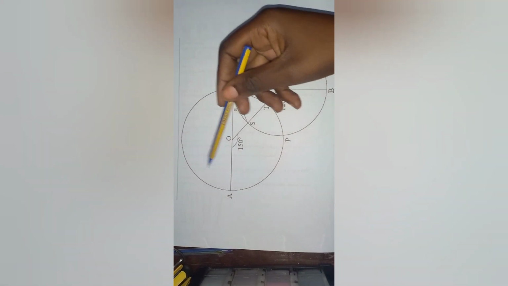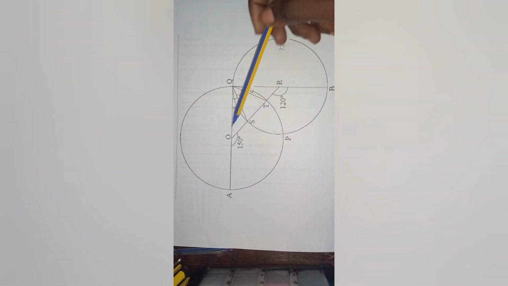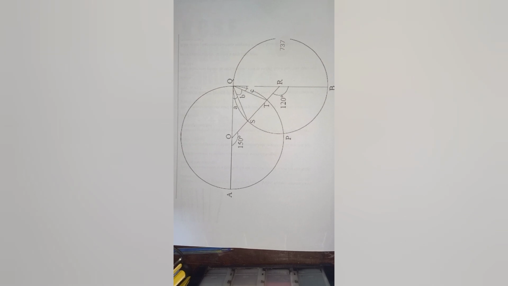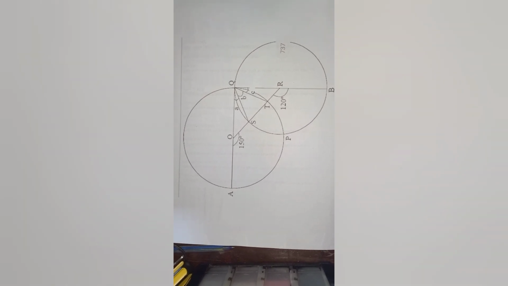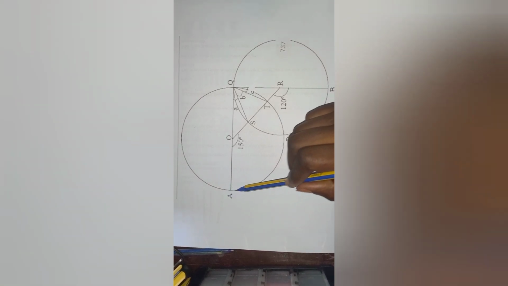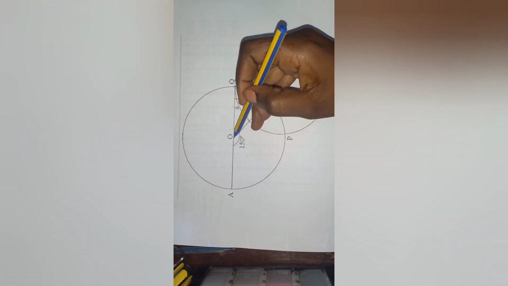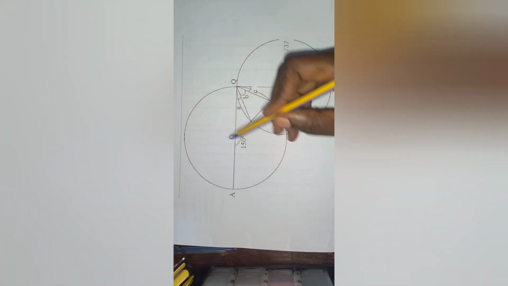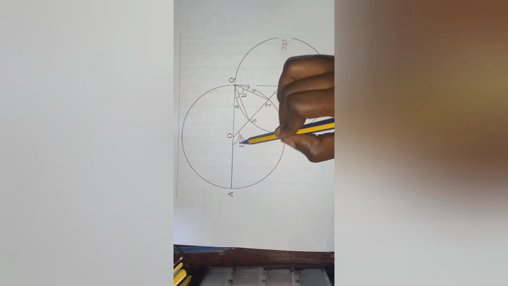In this diagram here, we have two circles, and these two circles intersect each other. That means that they are meeting each other. This circle has a center O, and at this center O there is an angle that we've been given, which is this 150 degrees.